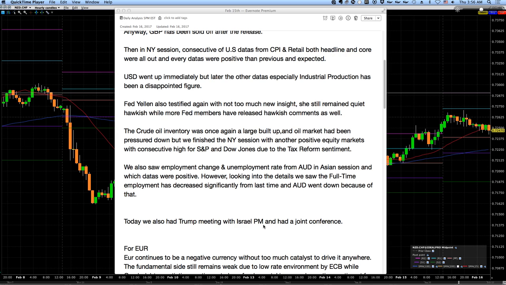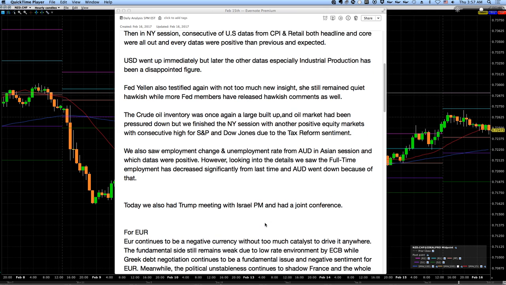But I know it's most likely sentiment driven, and if we have more and more negative fundamental data, I will definitely get out of my Aussie trade. On the contrary, I will actually hold a short position in the Australian dollar.